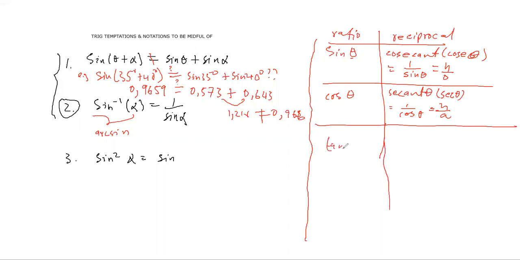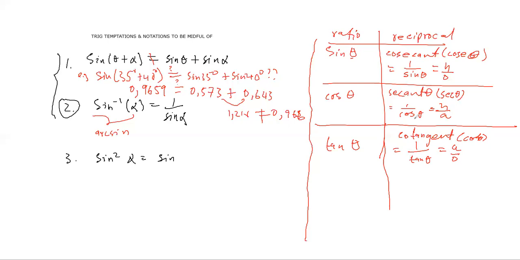The tangent, or tan theta, has a reciprocal known as the cotangent, or cot theta. And this is obviously equivalent to 1 over tan theta, which now means, since tan theta is opposite over adjacent, this should be adjacent over opposite.